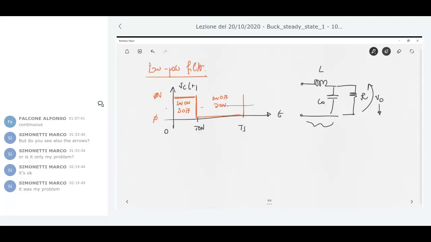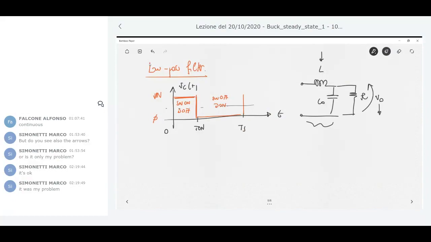Anyway, the filtering action due to the low pass filter L C naught is not perfect. In actual circuits, in practice, the output voltage is not exactly a DC voltage waveform. Because, of course, this filter cannot totally cancel out the harmonic content above its cutoff frequency.